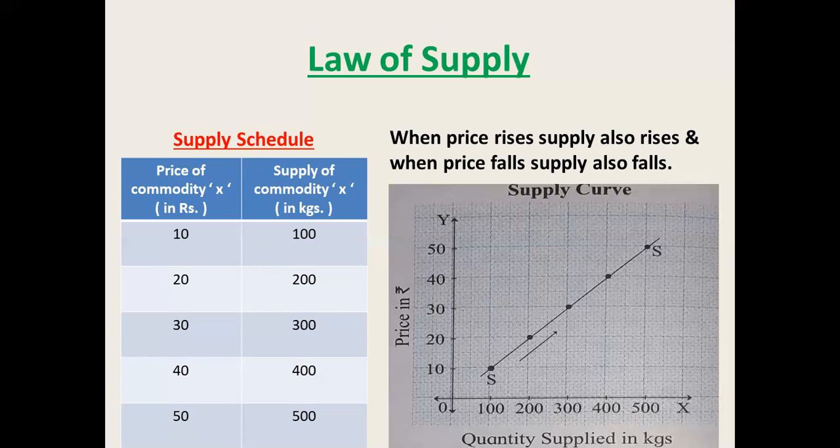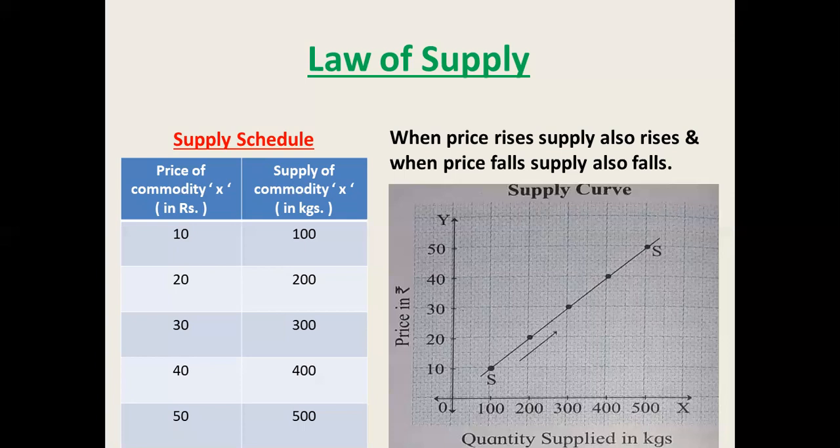The supply curve slopes upward from left to right, which is a positive slope. It indicates the direct relationship between the price and quantity supplied.